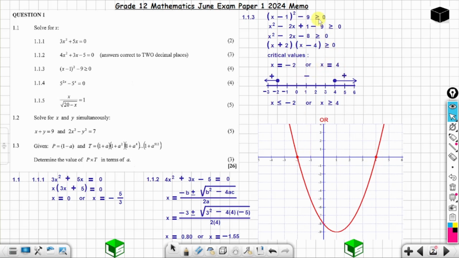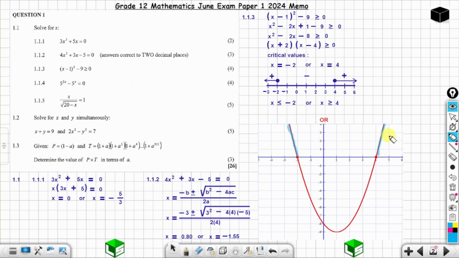Now you are interested in greater than 0. A graph is greater than 0 when the graph is above the x-axis. So you are interested in this only.